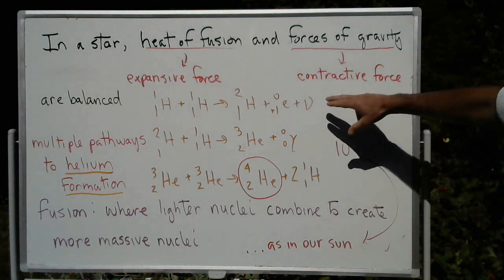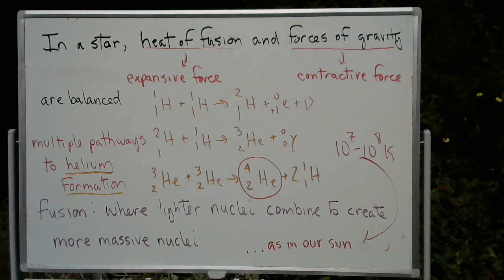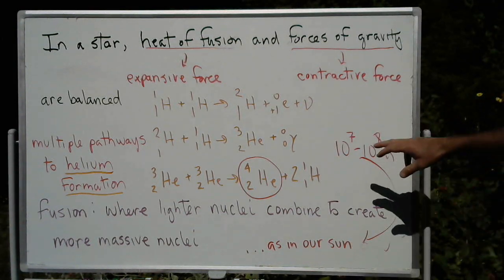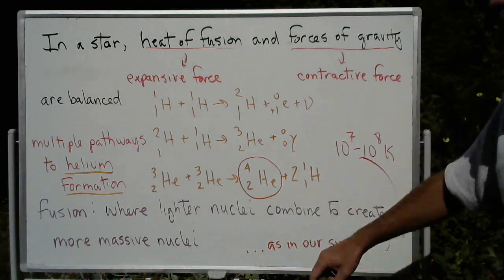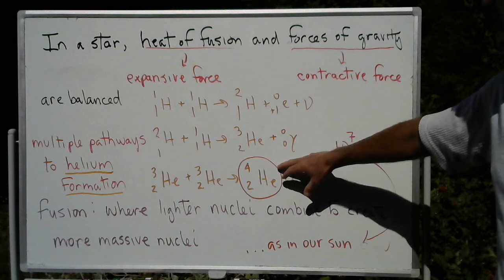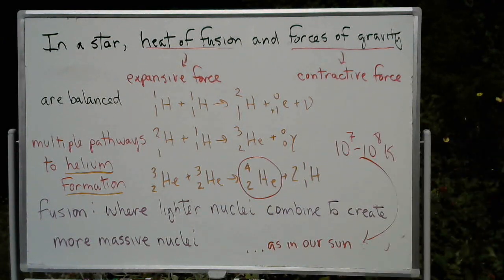And so here we have examples of reactions that are occurring in our sun right now to form helium. Our sun is a young star, so it's hydrogen fusion that's occurring at about 10 to the 7 to 10 to the 8 Kelvin.